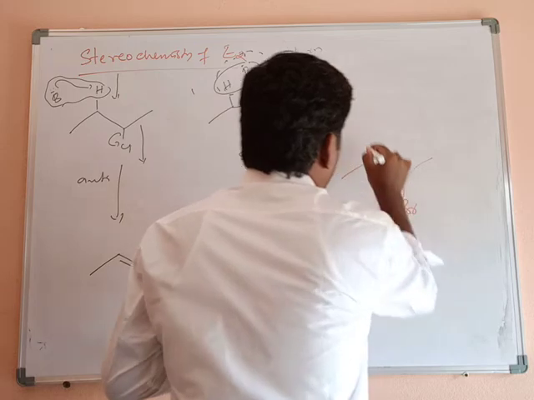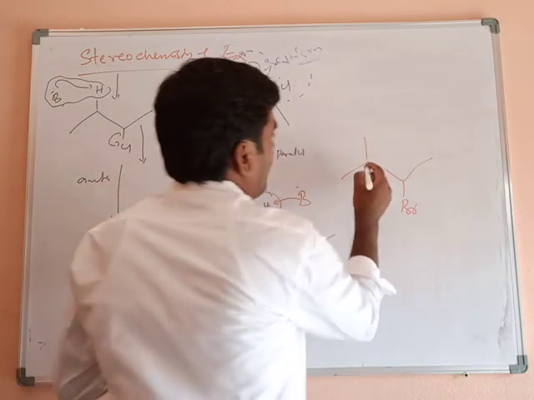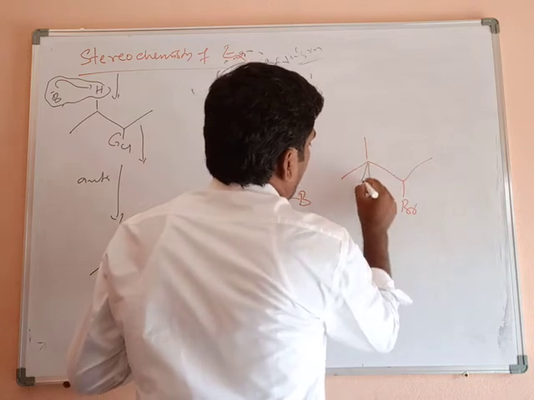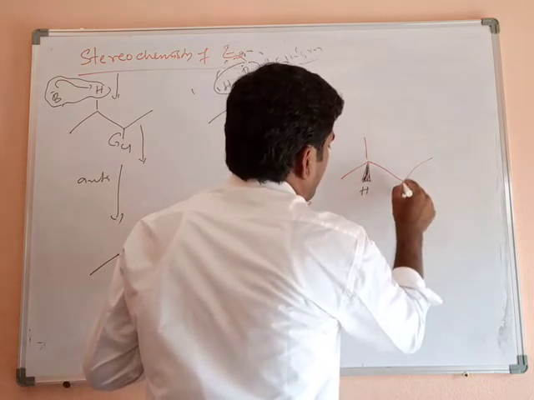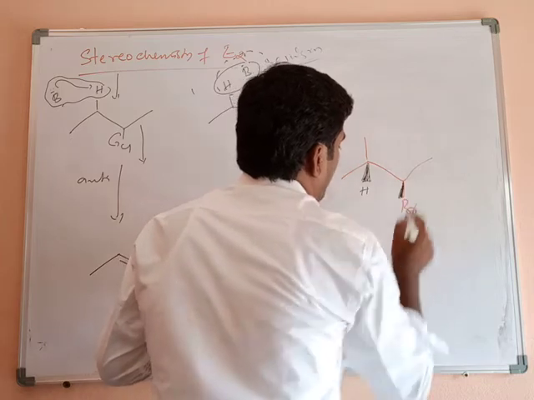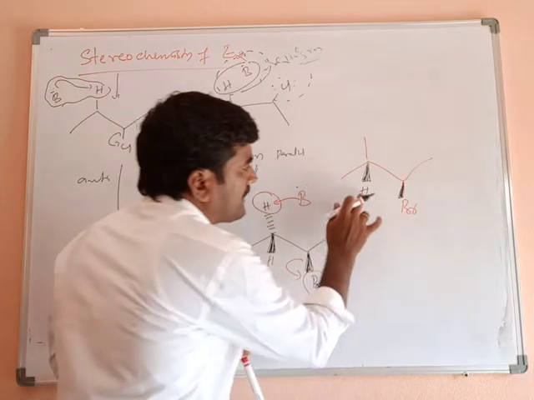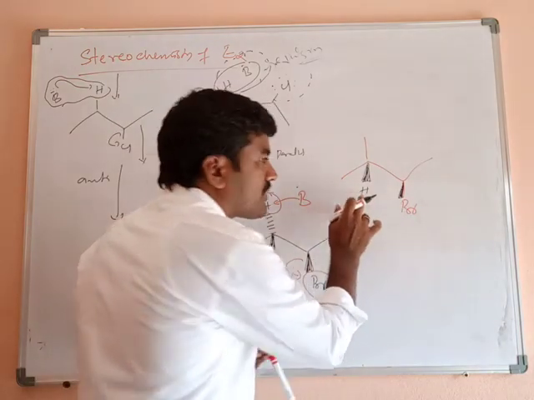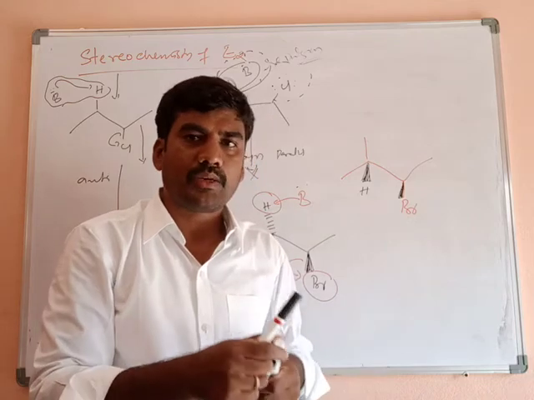For example, your bromine is there, your methyl group is there, and what about here? A hydrogen atom is there. This is also present on a wedge bond. Understand? So bromine and hydrogen are both on a wedge bond.